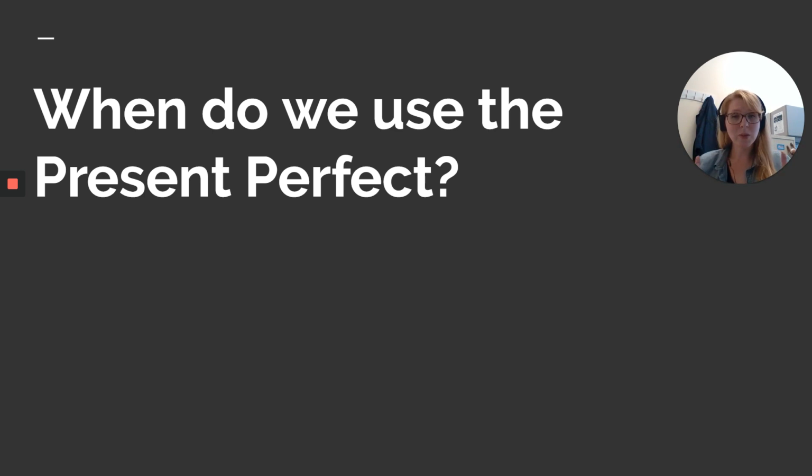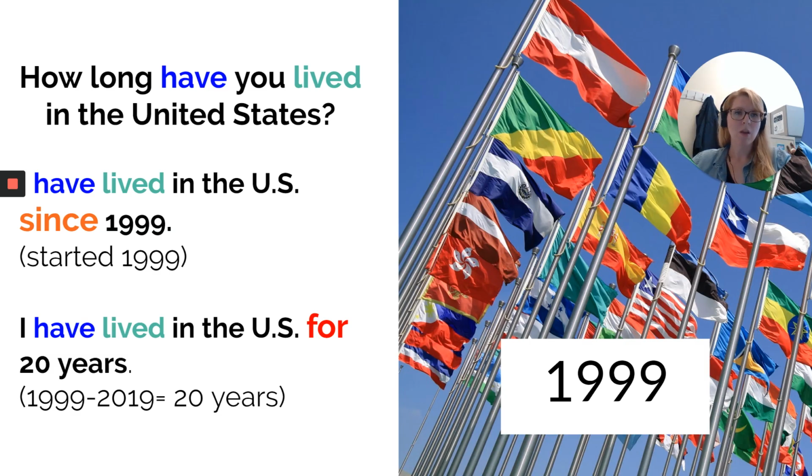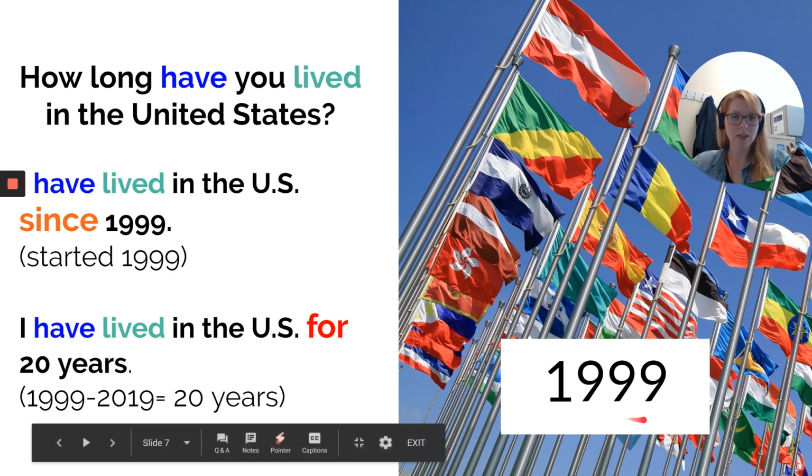So when do we use present perfect? We're going to talk about two ways we use present perfect. The first is for something that started in the past and continues to now. So some examples. If you see here in the picture, 1999.